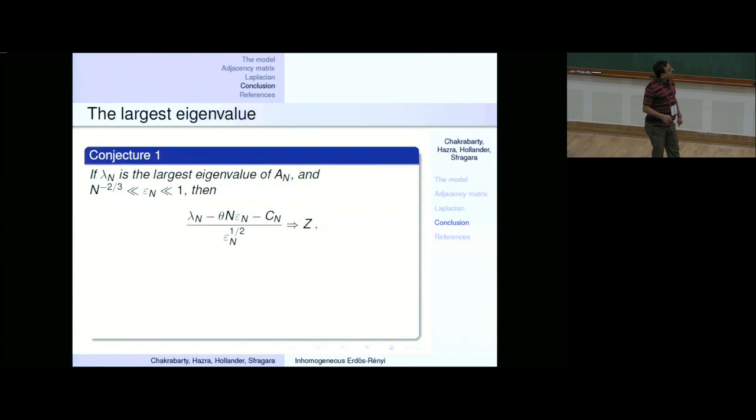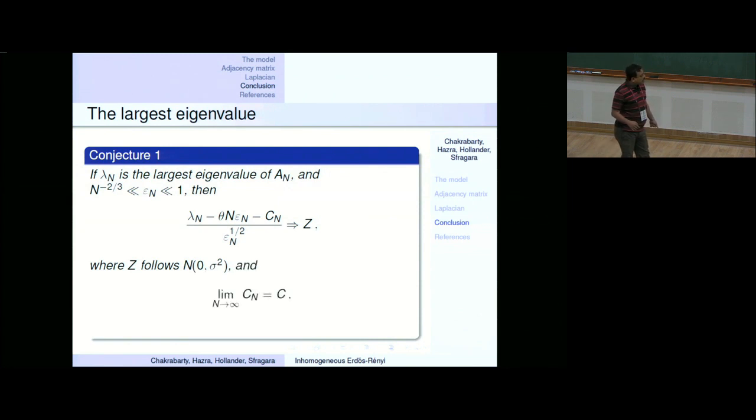So like I told you, Shukrit is working on the largest eigenvalue, okay, and he has made some progress in that direction. But the most general conjecture is that if lambda n is the largest eigenvalue of An, and epsilon n is somewhere between n to the negative 2/3 and 1, then lambda n minus theta times n times epsilon n minus a constant Cn, scaled by epsilon to the 1/2, converges to Z, where Z follows normal 0, sigma square.